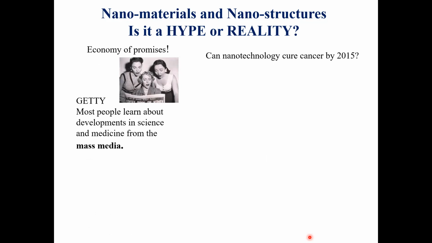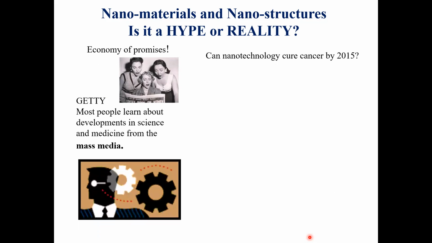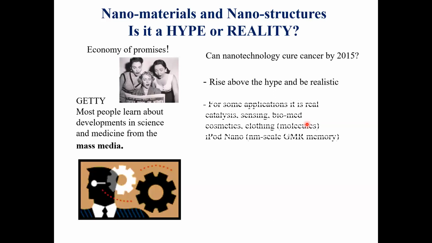Obviously, all this hyped type scenario came from mass media, but as I said, as scientists and technologists, we have to rise above the hype and be realistic and have patience. So for some application, it's real already.